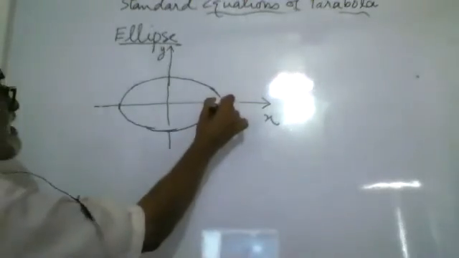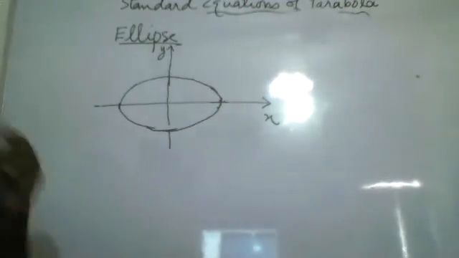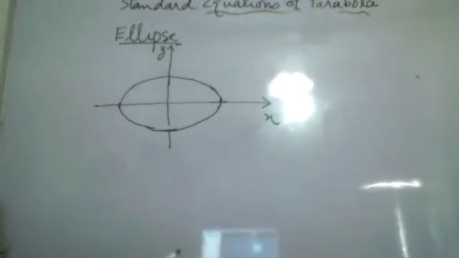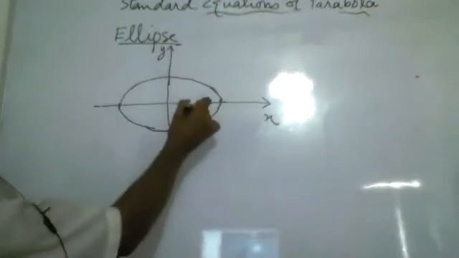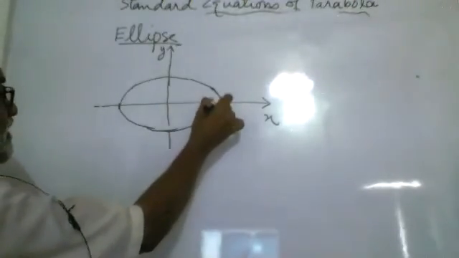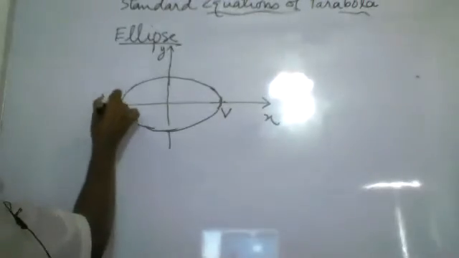These are the vertices. In the ellipse, there are two vertices, while in the parabola there was only one vertex. This one is V, and the other one is called V dash.